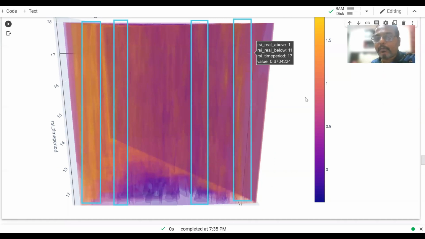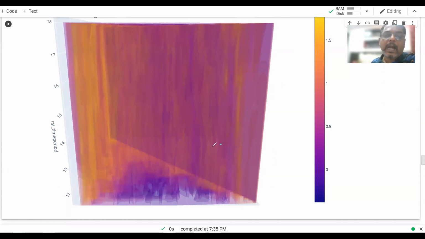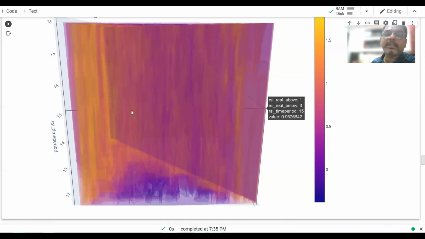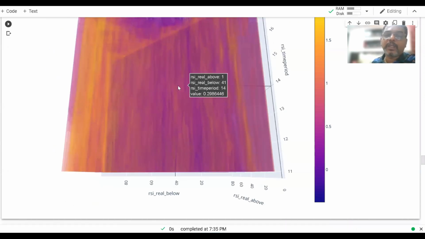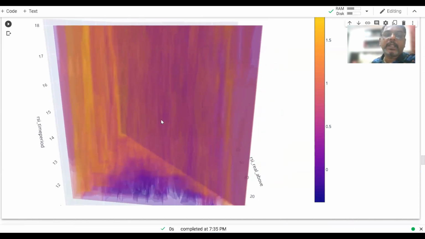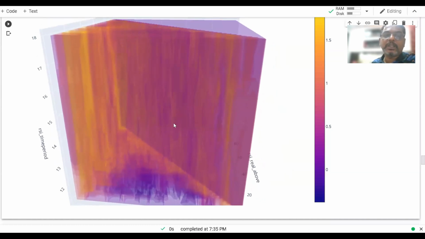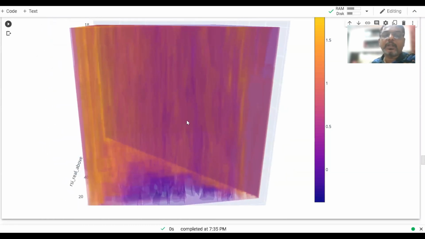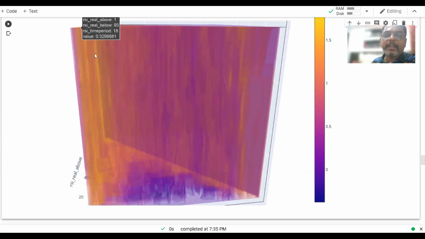What I understand from this is that the RSI value, whether I take it as RSI 11, 12, 13, 14, 15, or 18, does not have a lot of implication for this particular strategy. So whether I'm using RSI 14 or 15 or 17, it looks to give similar values.